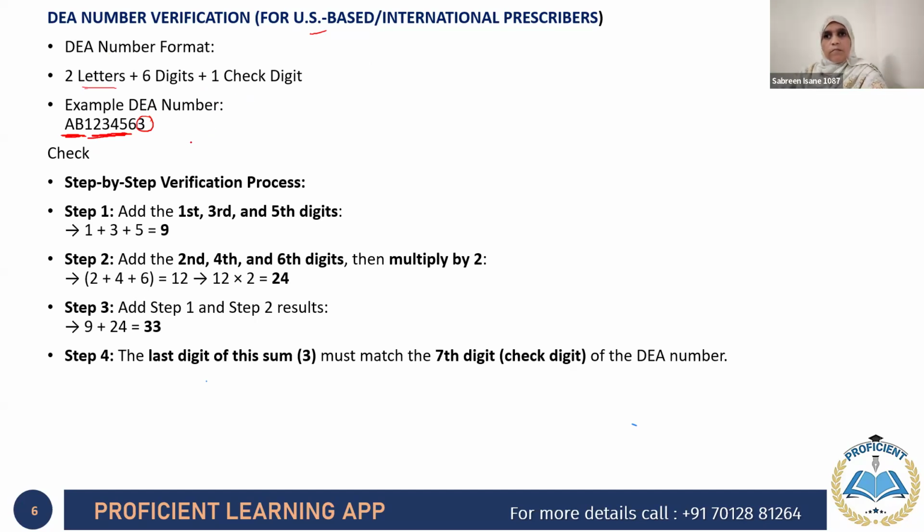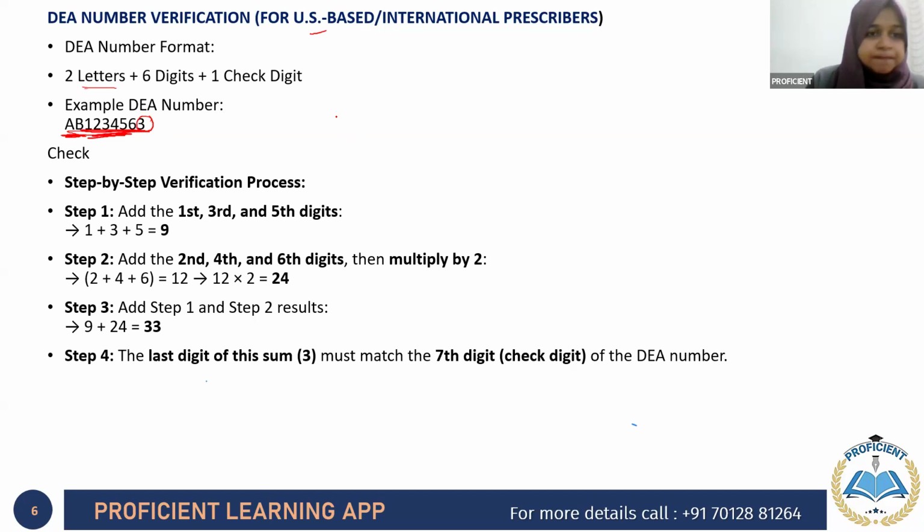Now, suppose a prescriber writes a DEA number. You must know whether it is right or not. How to check it? That may come in the exam. They might ask which of the following is a correct DEA number.